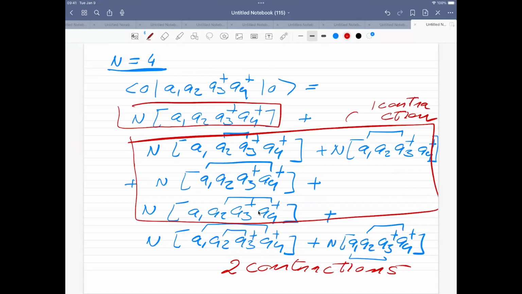And the only term which gives us something which is different from zero is actually the last term. And the last term, if we are thinking of this as a state which we are creating, this would correspond to actually the anti-symmetrization requirement from the norm of a Slater determinant.